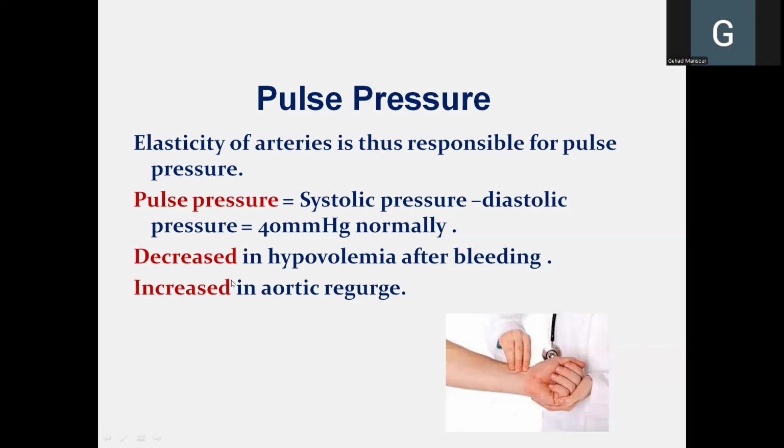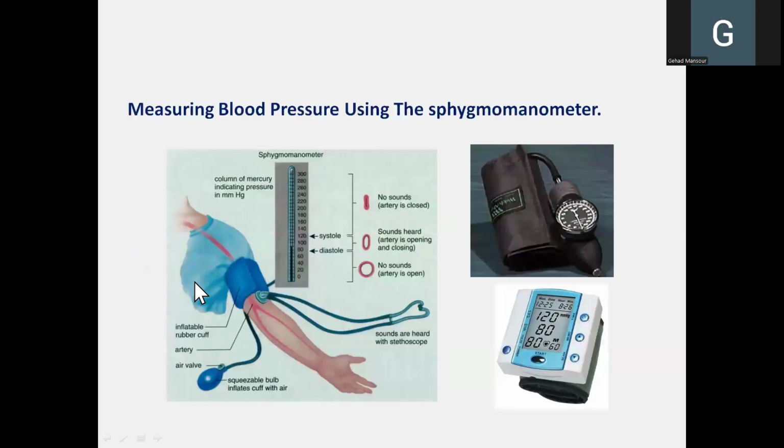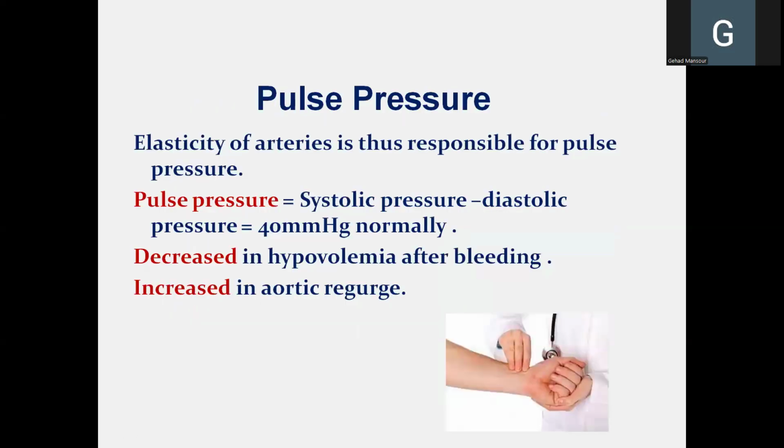On the other hand, in case of aortic regurg, maybe we will have time one day to explain why, in aortic regurg the pulse pressure increases. I can say it very rapidly. The pulse pressure increases in aortic regurg because during diastole, there is regurgitation of some of the blood from the aorta.